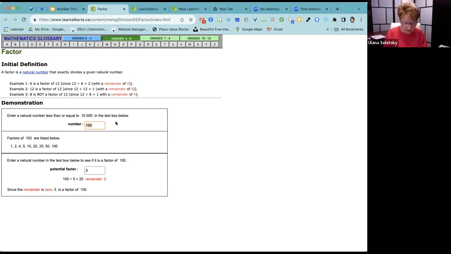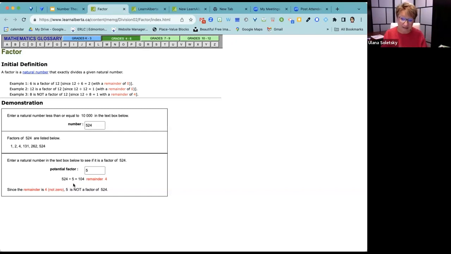So let's say I put in the number 524. It will give me all of the factors for 524. Then I can enter a natural number to see if it is a factor. No, because it doesn't divide into it.